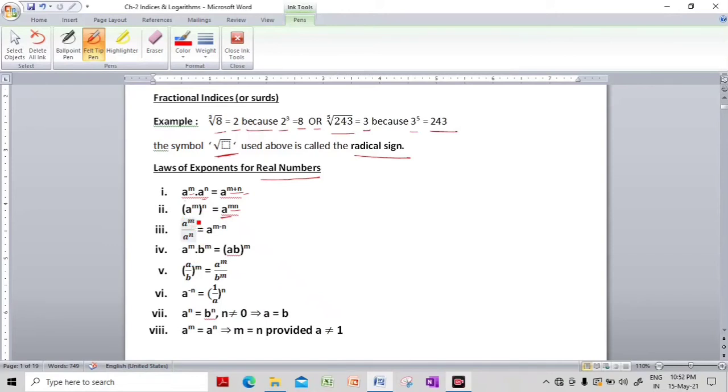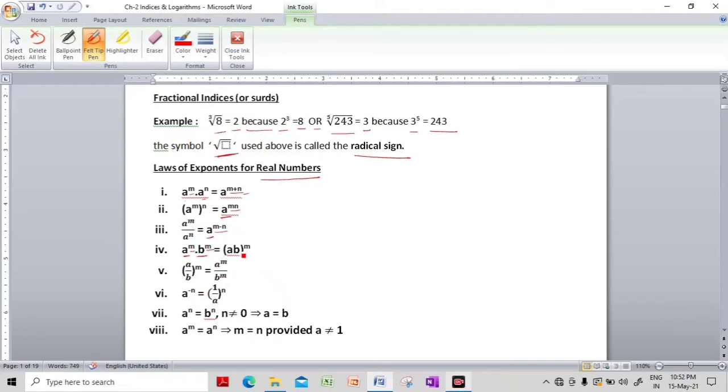Third law, a power m upon a power n. As the bases are the same but they are in division, their powers will get subtracted with the same common base a. Fourth law, a power m and b power m. Students, please note here the bases are different but the powers are the same.